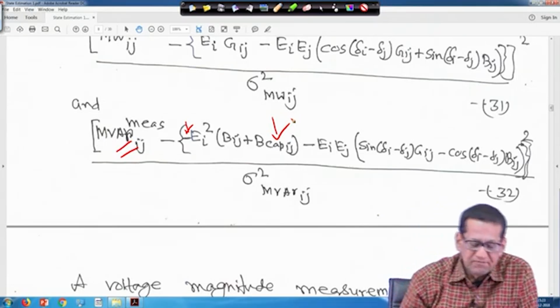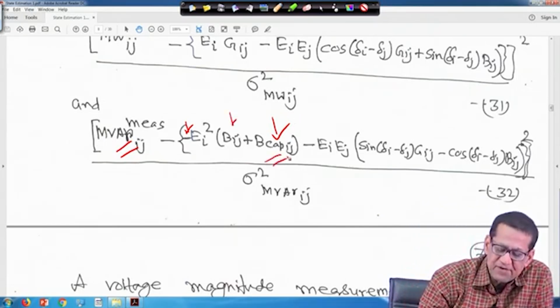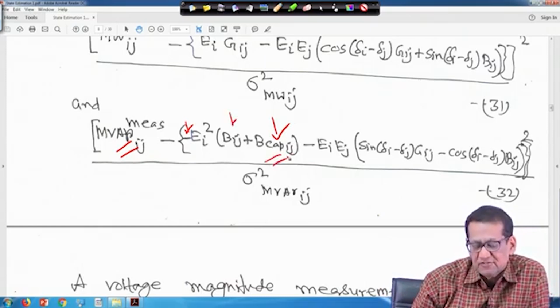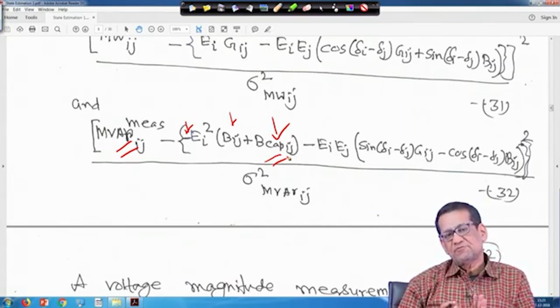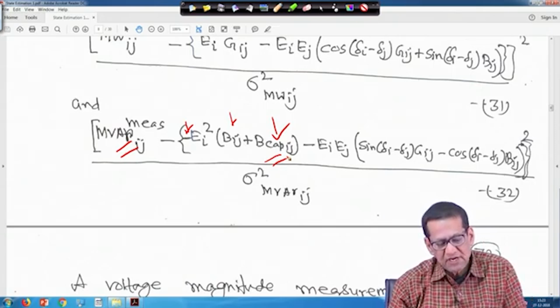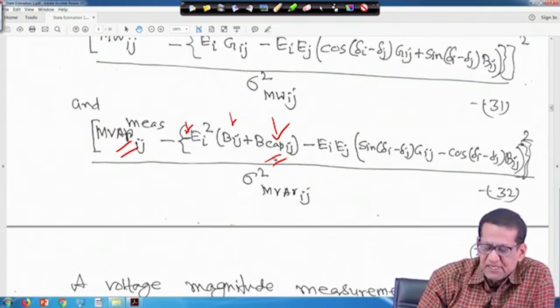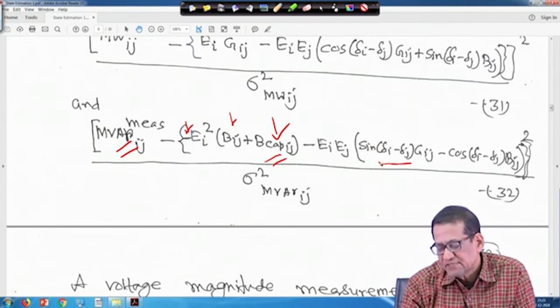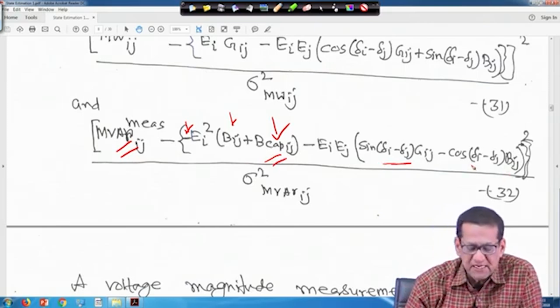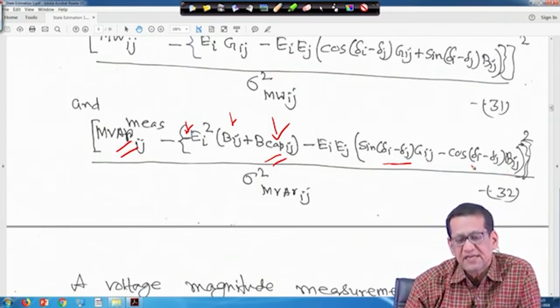That is why Bij is there plus B cap Ij, this is the notation I have used. If you treat it as a pi network, then you have to take those values accordingly. That is why Bij plus B cap Ij is taken, minus Ei Ej in bracket Gij sin delta I minus delta j, then minus Bij cosine delta I minus delta j.